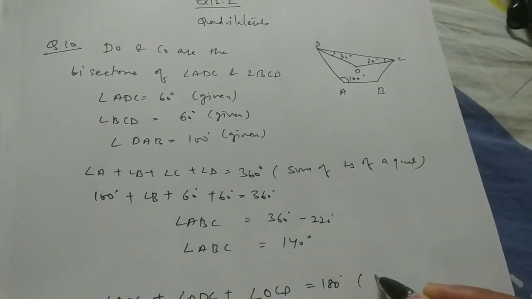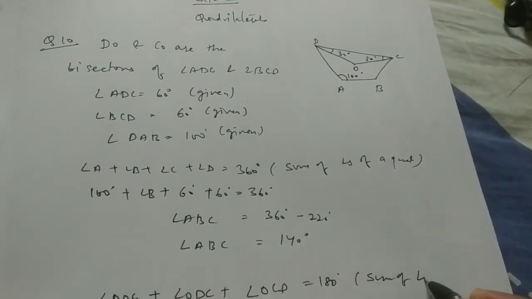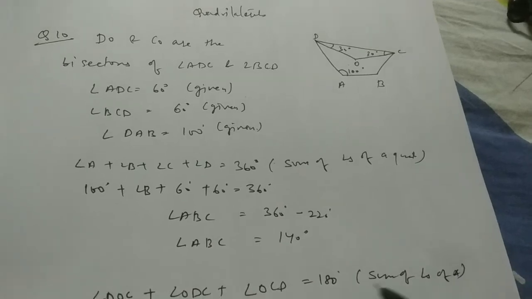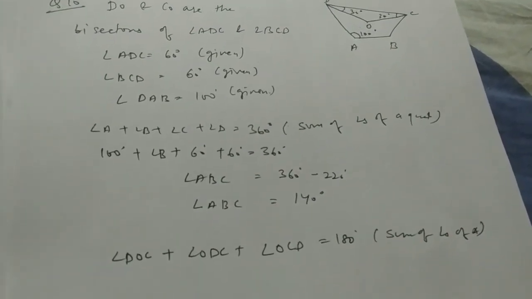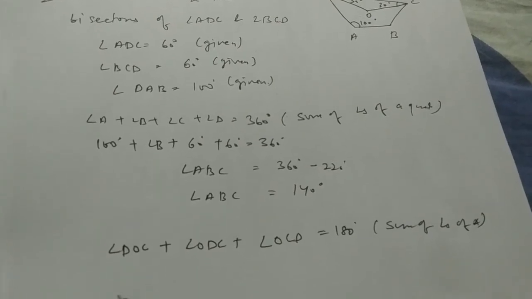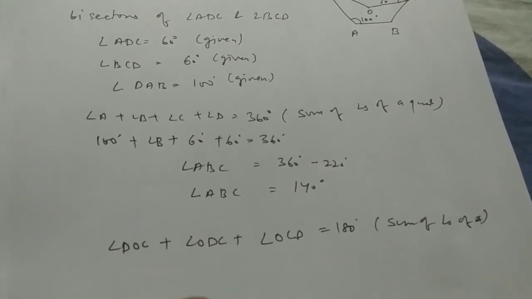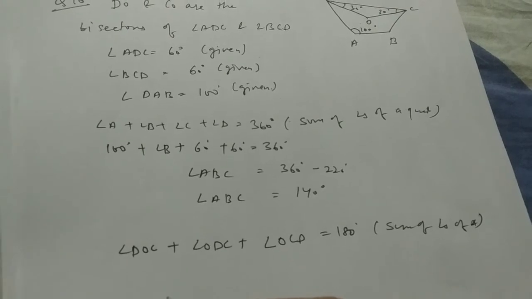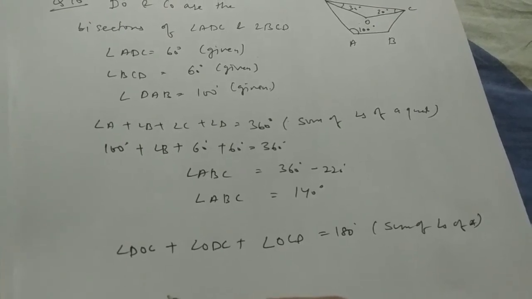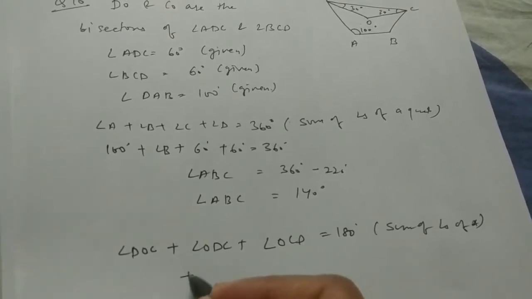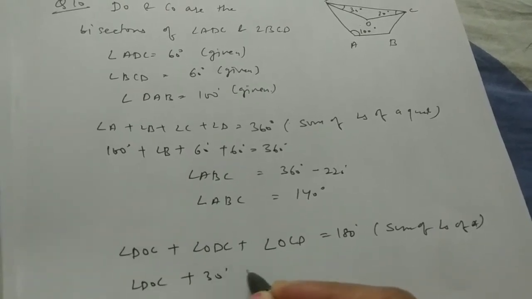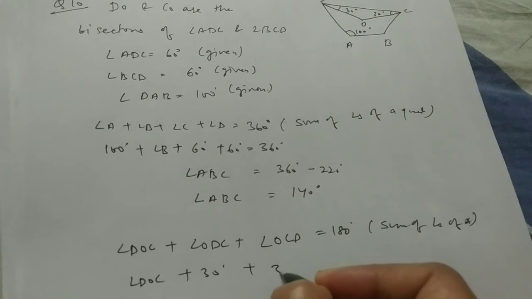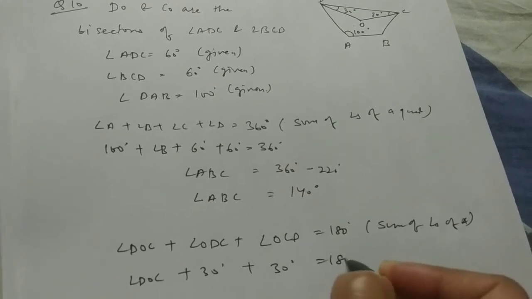Sum of angles of a triangle. Angle DOC we have to find, angle ODC is given as 30 degrees and angle OCD is given as 30 degrees also, equal to 180 degrees.